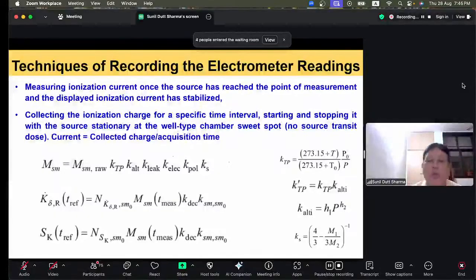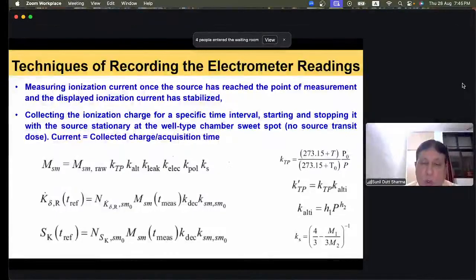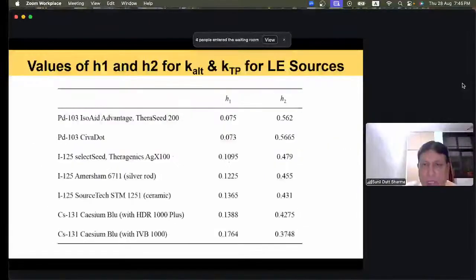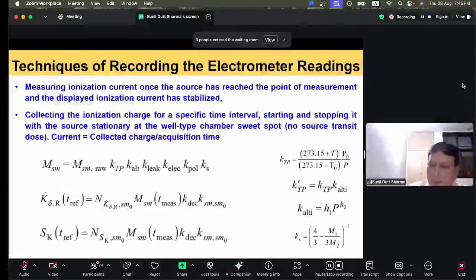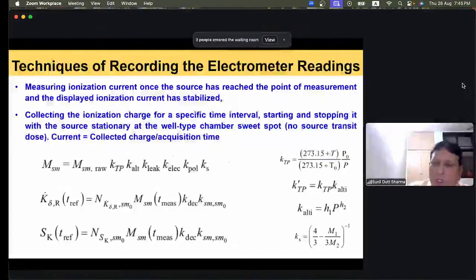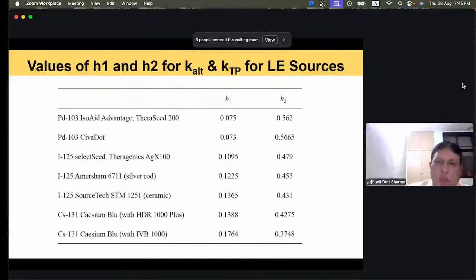Now the question is from where we will get the value of SM0, that is the source model correction factor. So IAEA has provided a table. This is the value of H1, H2 for finding out the correct temperature pressure correction factor using the relation K altitude is equal to H1 and T to the power H2. So values of H1 and H2 are given here.